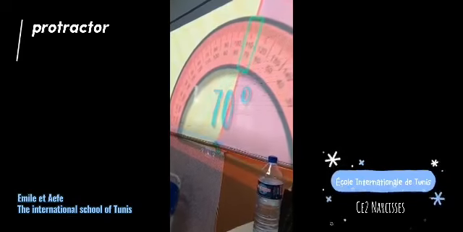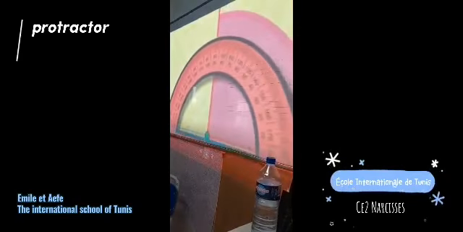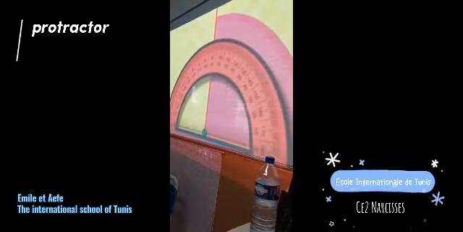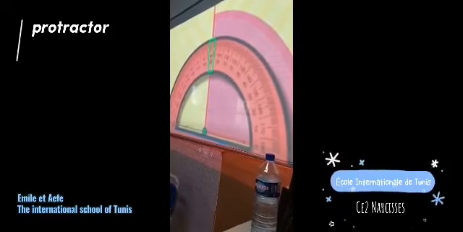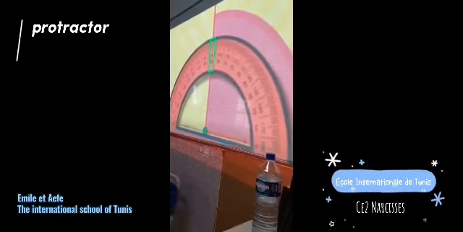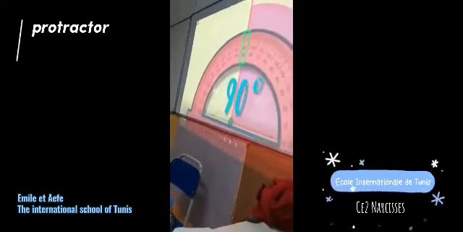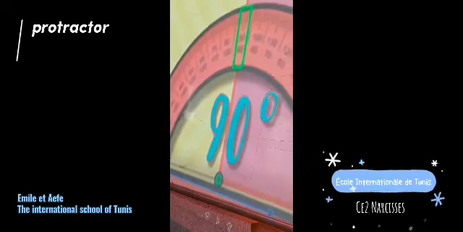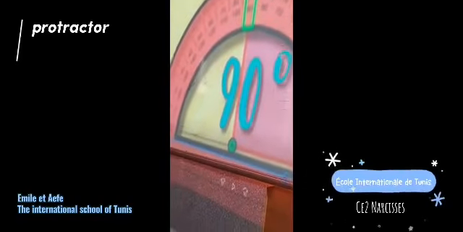These are degrees. That angle measures 90 degrees. We said that the right angle is 90 degrees. Let's see. We get the protractor, and indeed, it's 90 degrees.